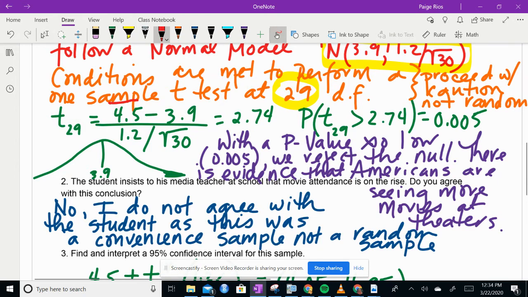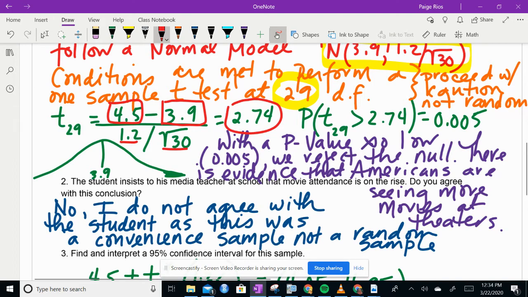My data told me a sample mean of 4.5. Then you have your null mean, which was 3.9. And you're dividing by the standard deviation, which is adjusted for the square root of sample size. My calculator did all of that work for me in a t-test, which I'll show you in just a minute, but gave me this t-value of 2.74.